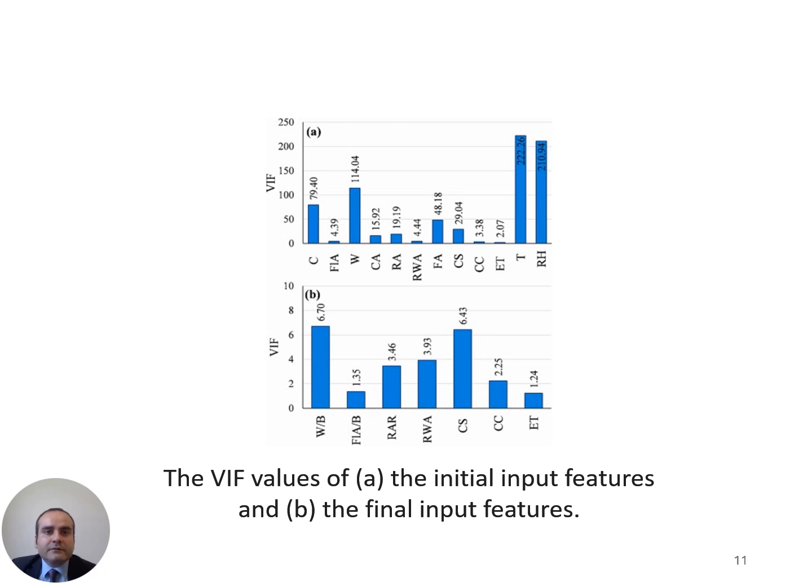As illustrated in the first figure at the top, the VIF values of temperature and relative humidity are very high, and these features are ignored in this study. To prevent multicollinearity, water-to-binder ratio, fly ash to binder ratio, recycled aggregate ratio, recycled aggregate water absorption, compressive strength, CO2 concentration, and exposure time were chosen as the final input features. The VIF values of the final input features are given in the second figure at the bottom.